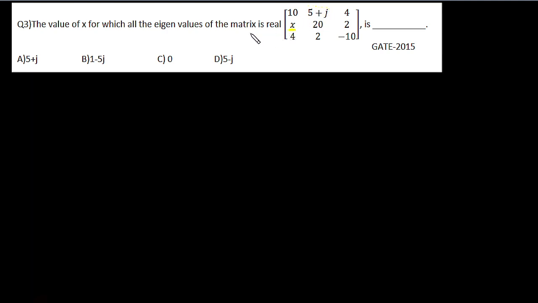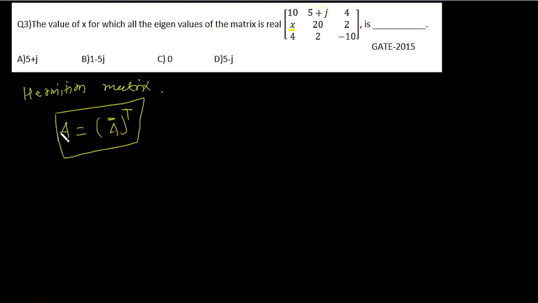Let's define a Hermitian matrix. What is the definition of a Hermitian matrix? It simply states that if a matrix A is exactly the same as its complex transpose, then we can say the given matrix is Hermitian.